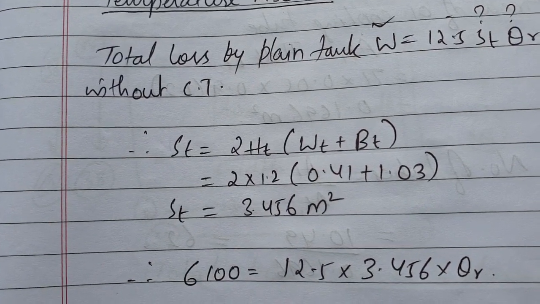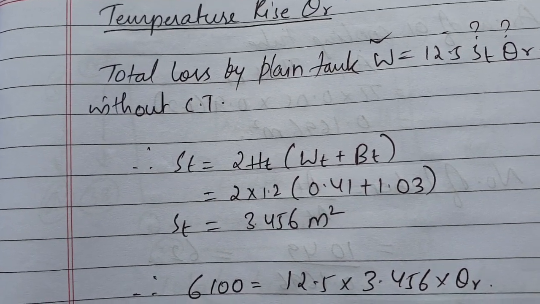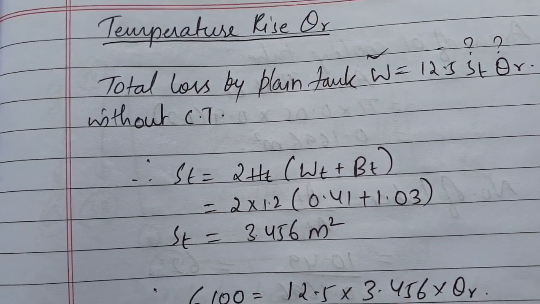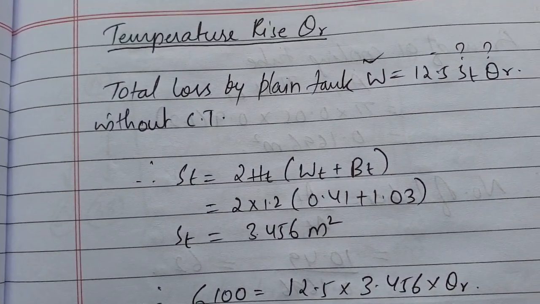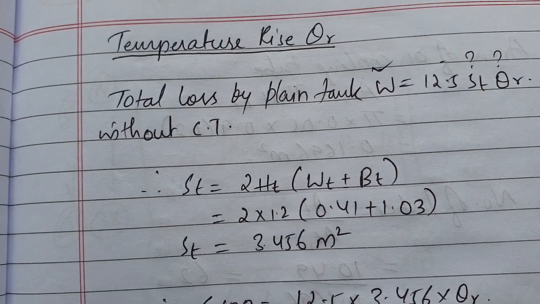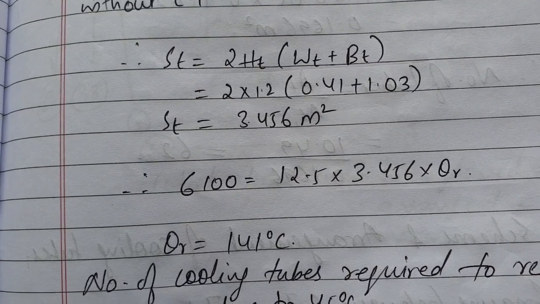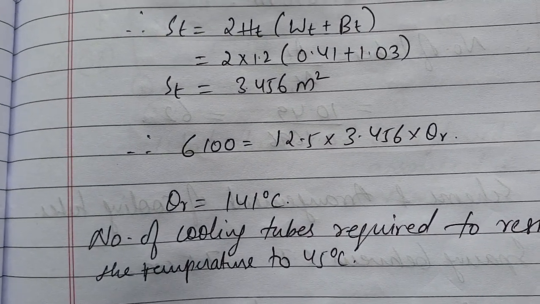Substitute the values. The surface area of tank St is equal to 3.456 meter square. So from the above equation, W equal to 12.5 St theta R, you can directly calculate theta R as 141 degrees Celsius.